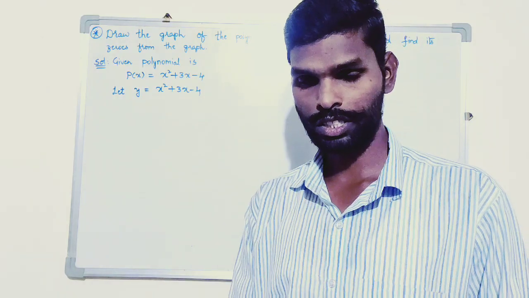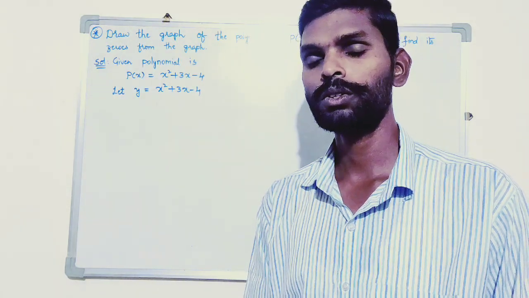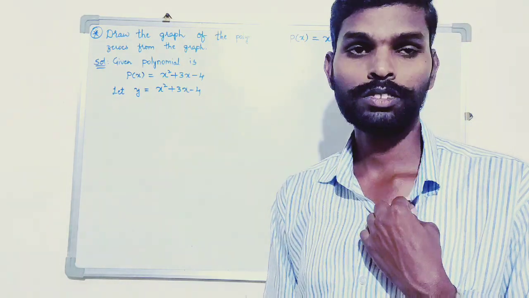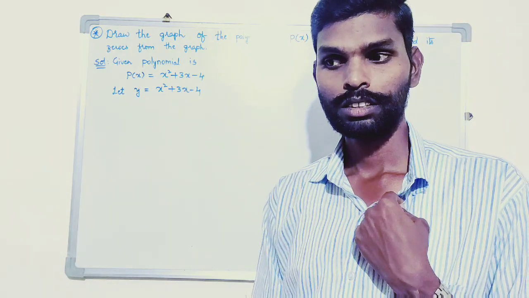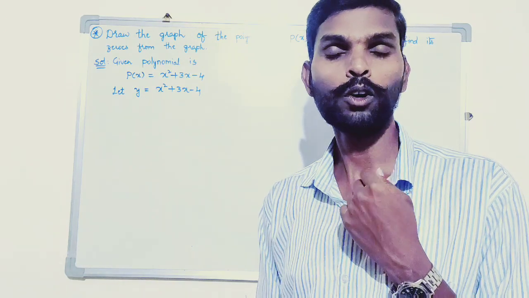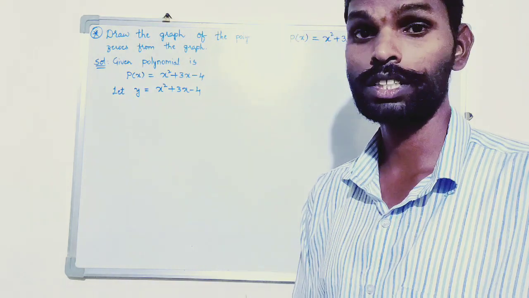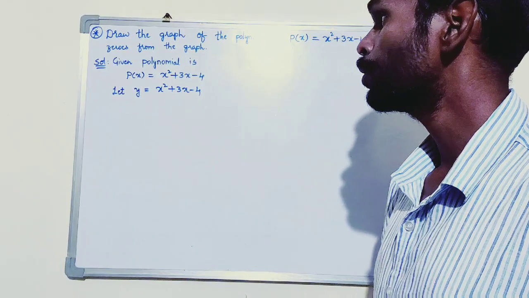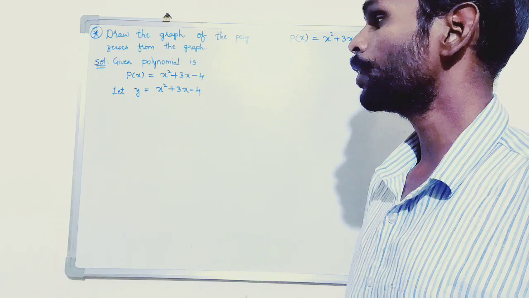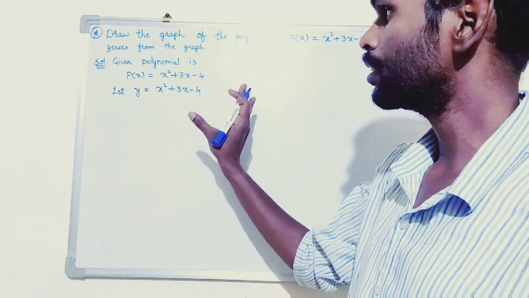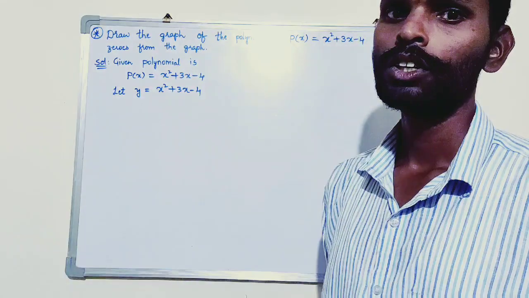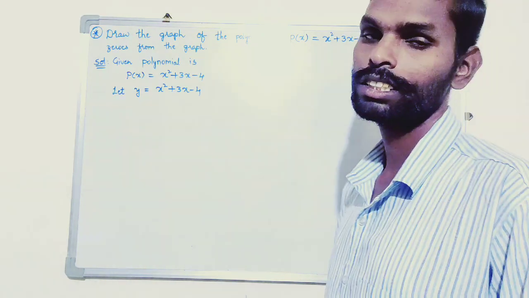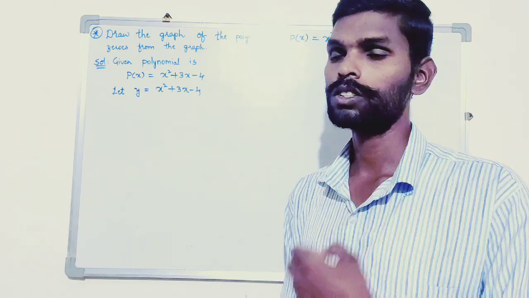Factorization is one of them, and also you can find the zeros by the direct quadratic formula, which we will discuss in the quadratic equations chapter. So first of all, find them roughly, to get an idea, using the factorization technique.